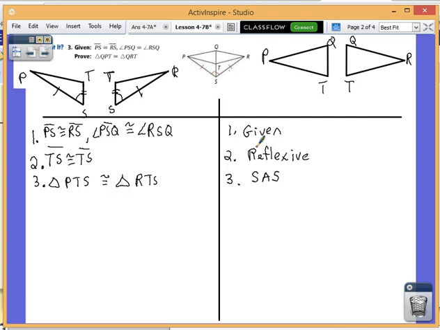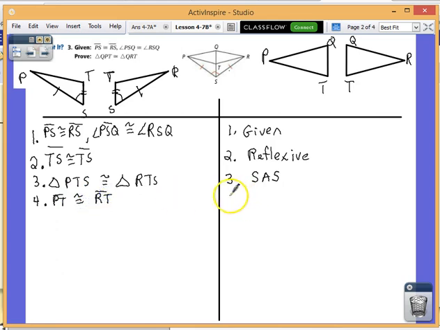So now, the question I want to answer is, what information do I have in these two triangles right here that also is in these triangles right here? Yeah, they both contain TR and TP. So I think what I'm going to do is say that PT is congruent to RT.